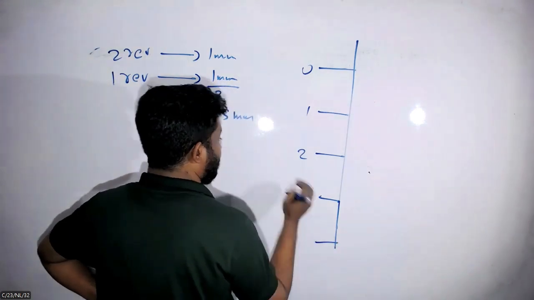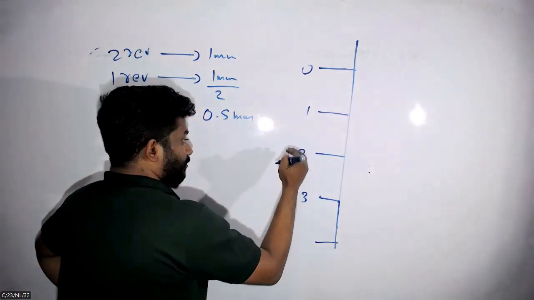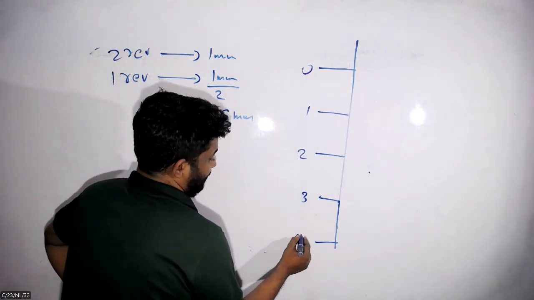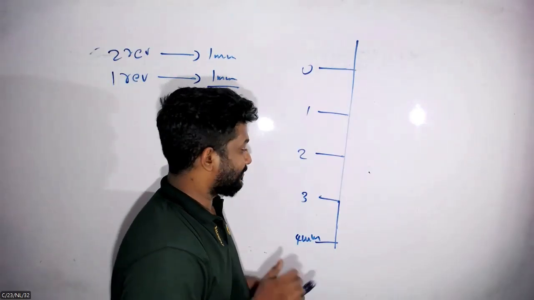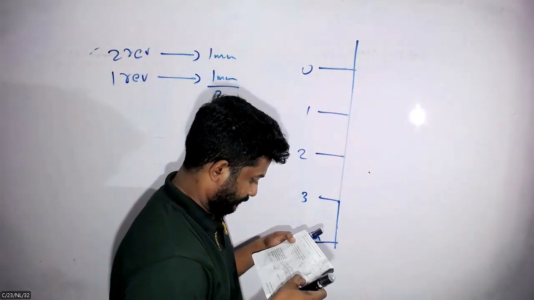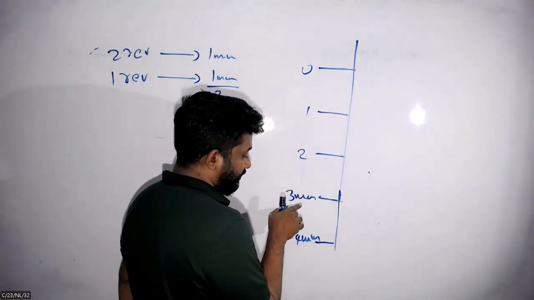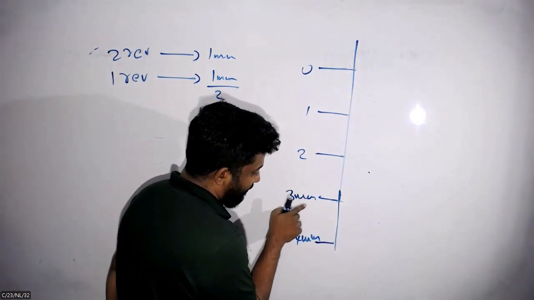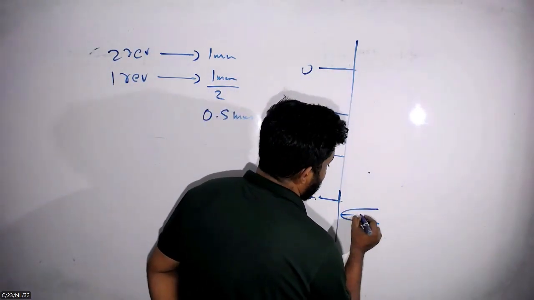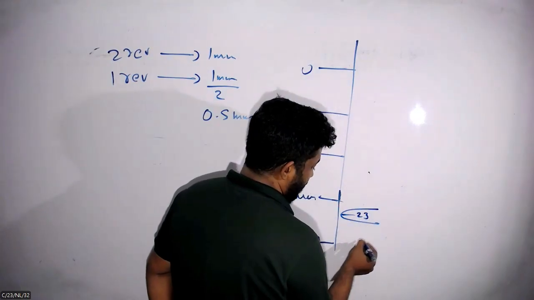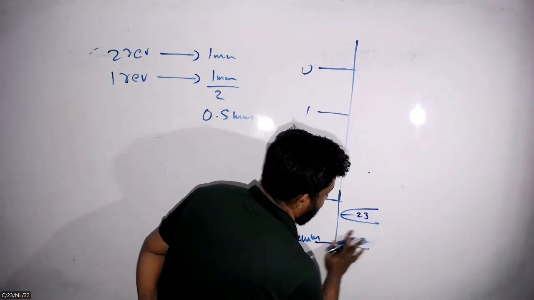But here the pitch is 0.5 millimeter while the main scale is calibrated in 1 millimeter. That's not usual, right? That's where the mistake happens. You should understand that when the circular scale moves from 3 millimeter to 4 millimeter, this 23rd circular scale division will align 2 times with the main scale.